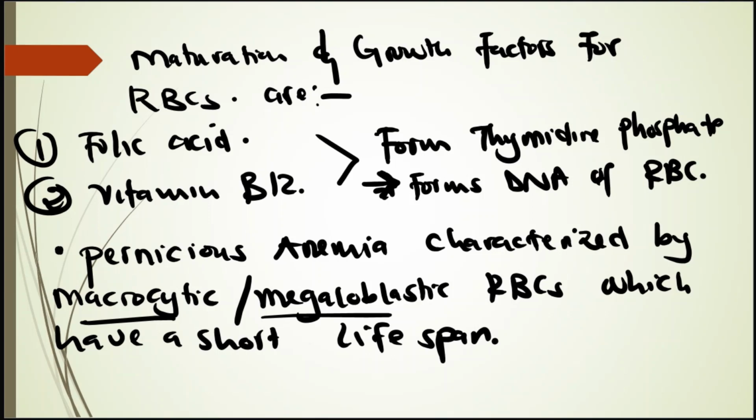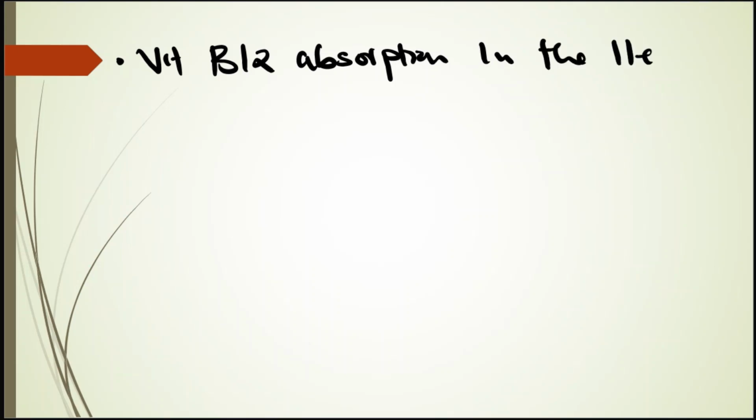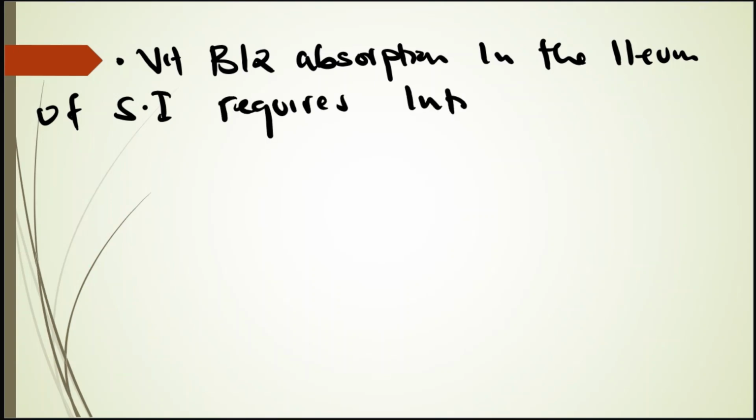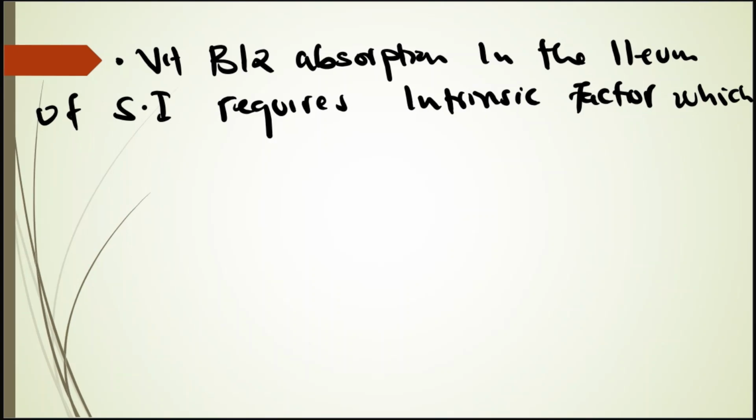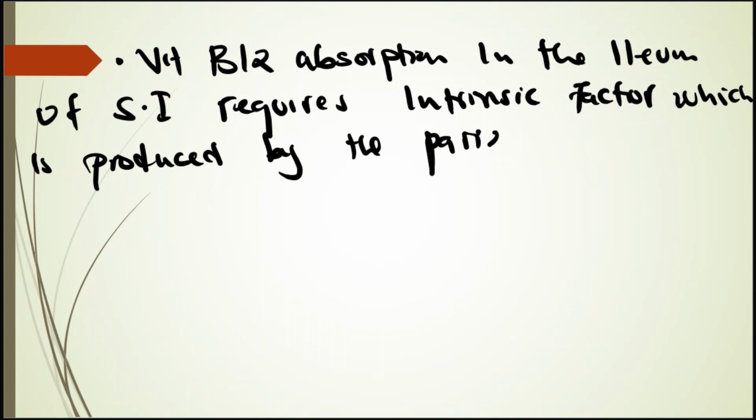Now, one important factor you need to know is that vitamin B12 absorption in the ileum of the small intestine requires intrinsic factor. This intrinsic factor is produced by the parietal cells of the stomach.